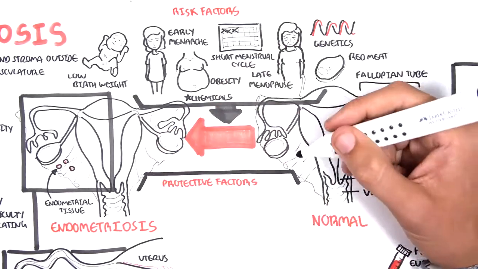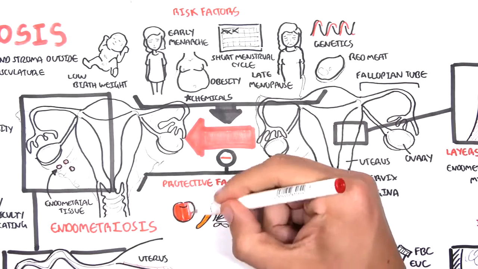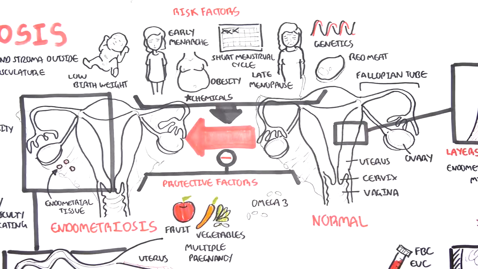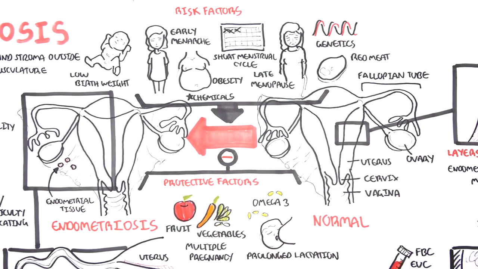But there are also protective factors, and these include fruits, vegetables, having multiple pregnancies, omega-3 oil, as well as prolonged breastfeeding, prolonged lactation.